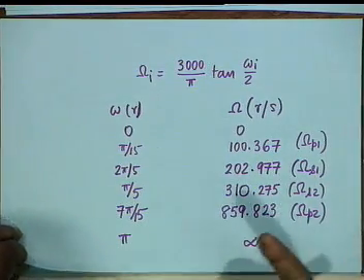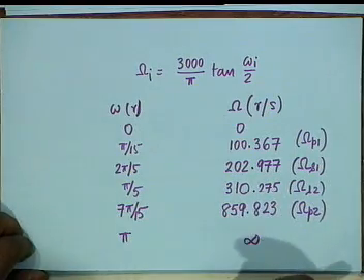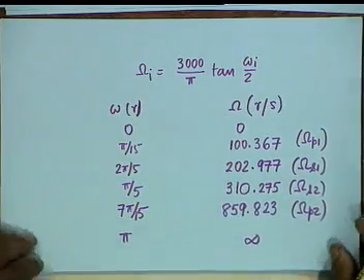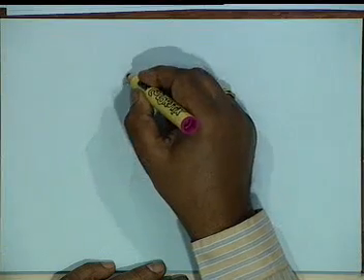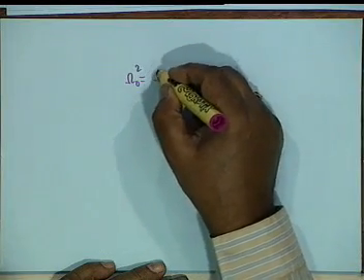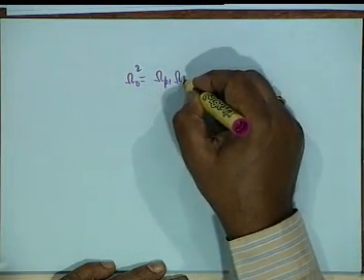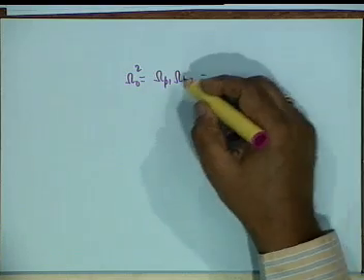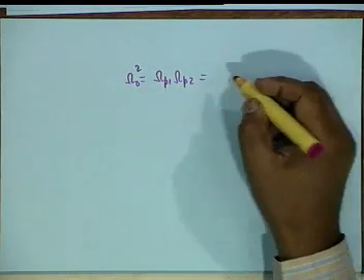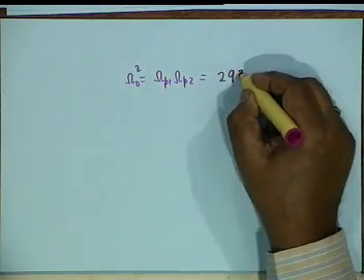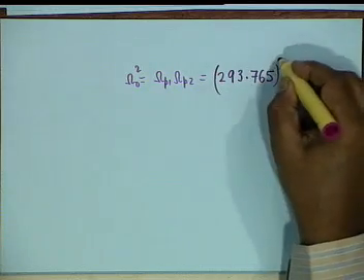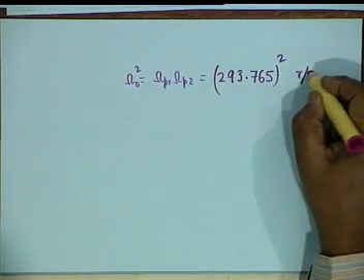Now what is sacred is omega P1 and omega P2, and therefore we should calculate omega naught squared from omega P1 omega P2, and this comes out as, I have actually calculated omega naught, it comes out as 293.765 squared radian per second square.